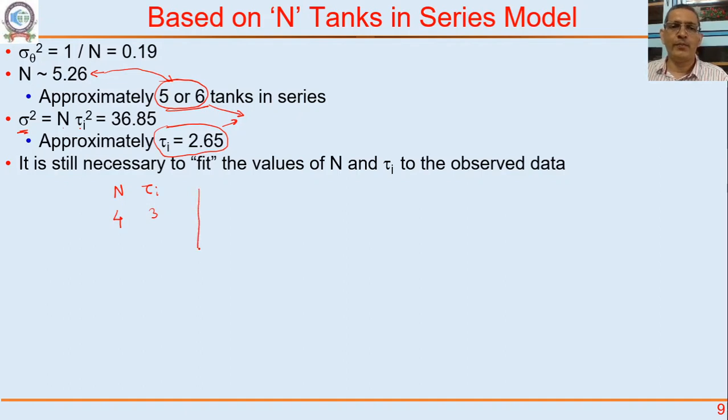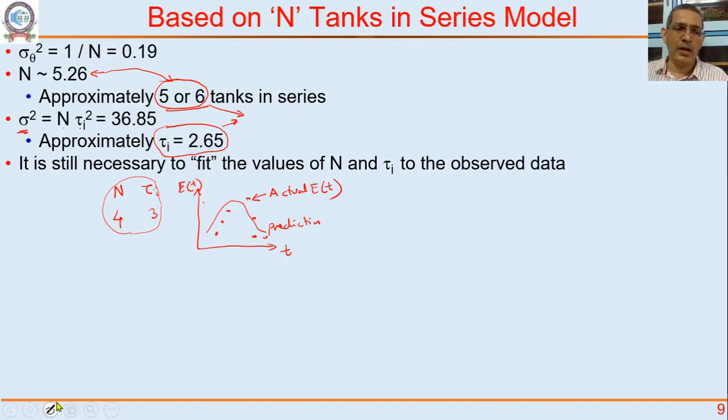Calculate the E curve, E(t) versus t, for 4 tanks in series and tau I equal to 3. You will get an E curve prediction. Compare this with the experimental, actual E(t).